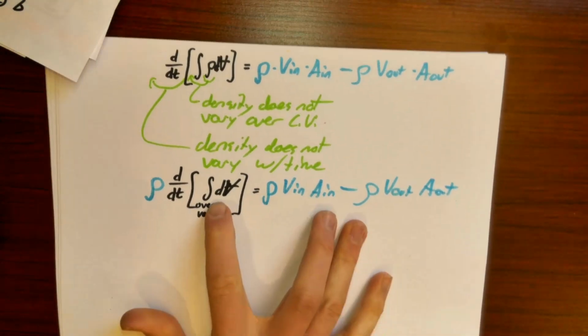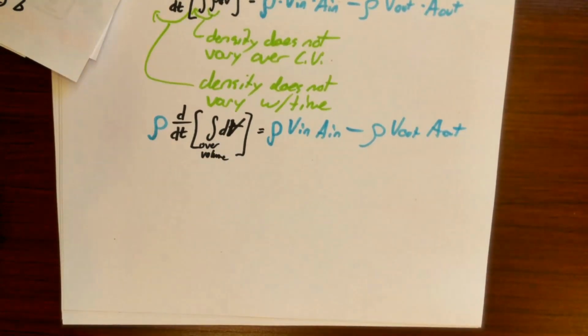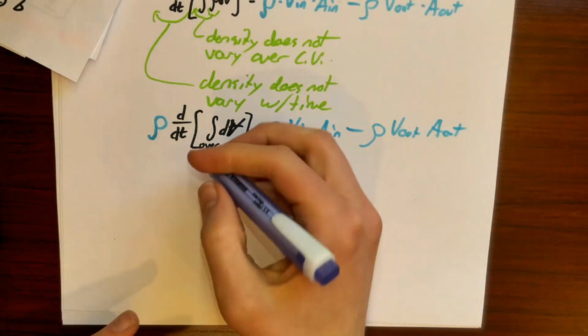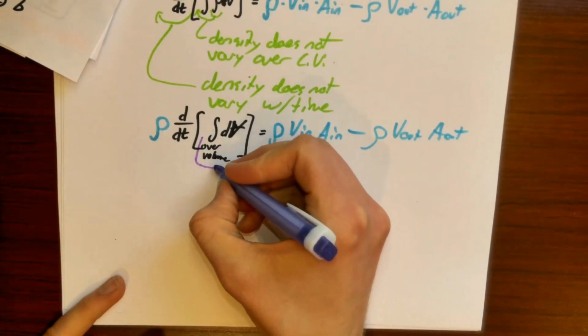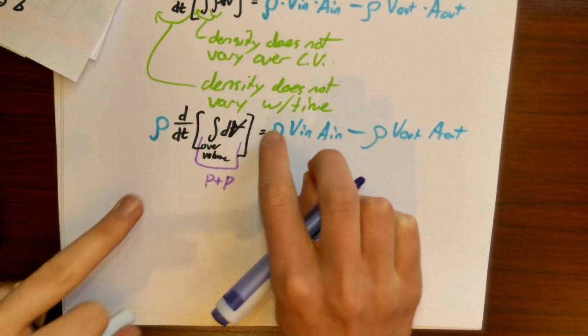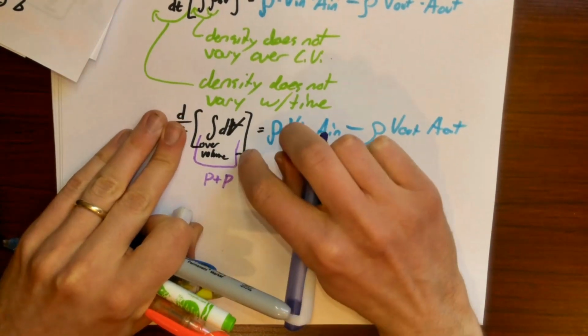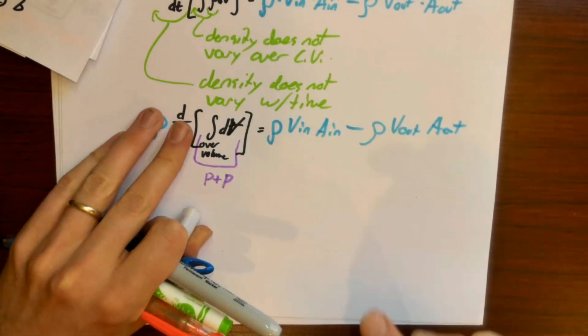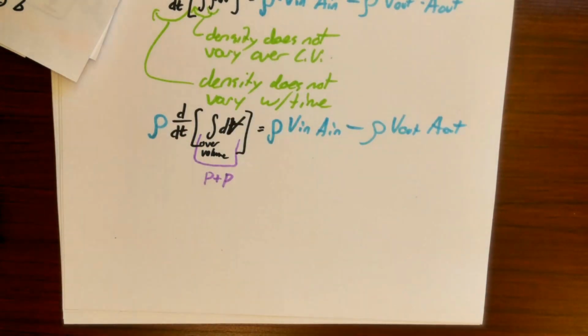Can we make any simplifications here? I'll pitch that as a pause and ponder question. We'll deal with the derivative later. Can we work out what this integral of dV is? Pause and ponder. Can we make any progress towards that? Well, perhaps you've worked it out.